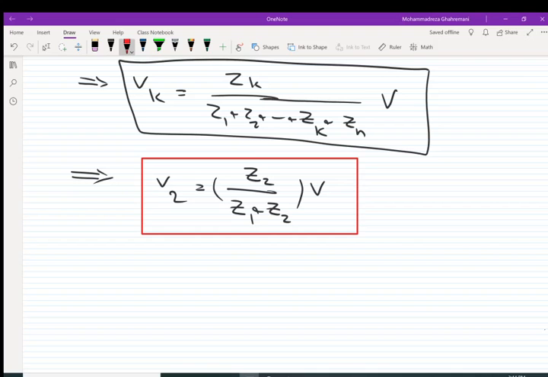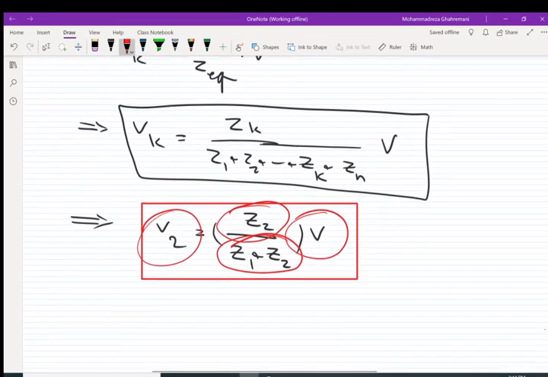It is exactly the same as the resistor voltage division that we learned in 221. We know that the voltage across each resistor is the value of the resistor over the total resistance times V. So the same thing here. The voltage across each element is the value of that element over the total of the elements times the voltage.